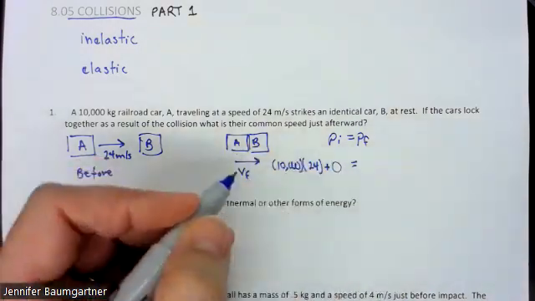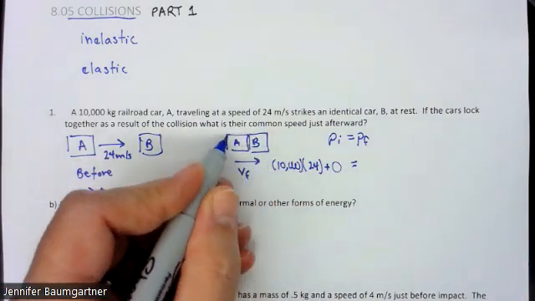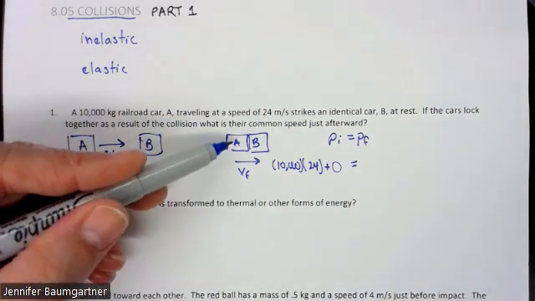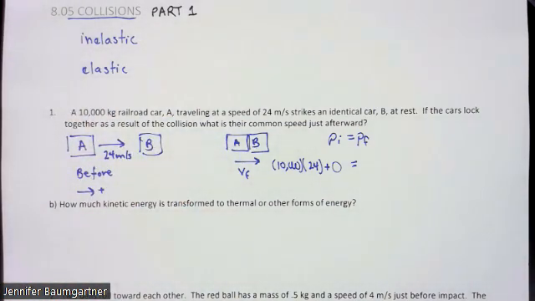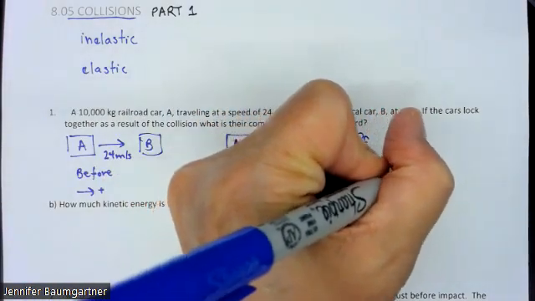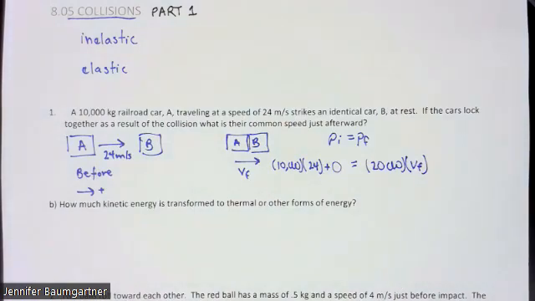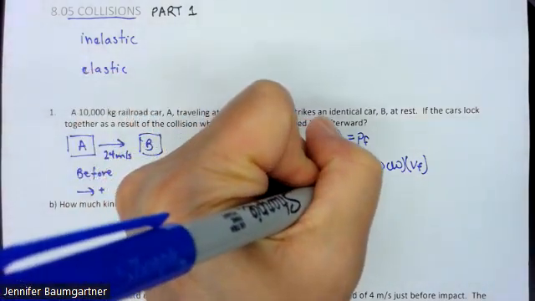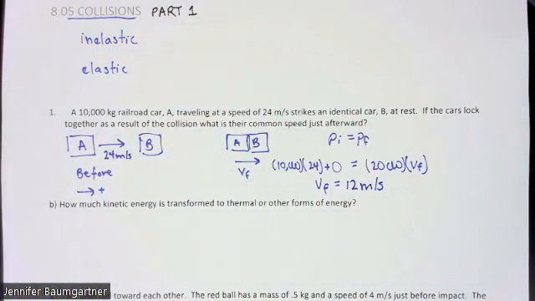So I don't know what this final velocity is, but consider now that I have these two objects locked together. So I have to think about what the mass is going to be on the backside. Well, if this is 10,000 and this is 10,000, I'm going to have a mass of 20,000. And I want to solve for that final velocity. So when I do my algebra here and I take 10,000 times 24 divided by 20,000, I get a final velocity of 12 meters per second.